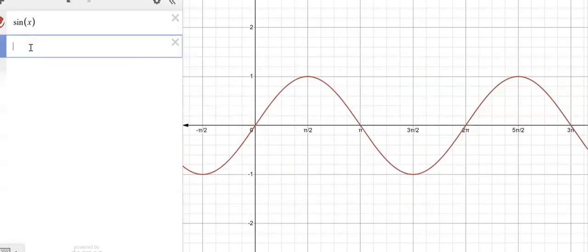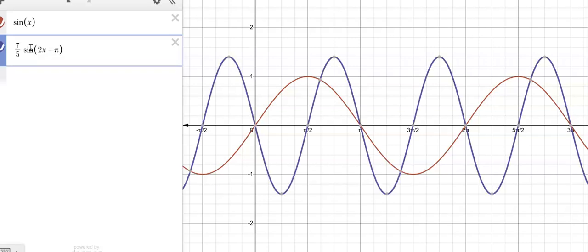So here we are with my original graph of sine of x, and if I plug in the graph I just drew on the other screen on the computer, you can see this is a much cleaner version of that. You can see that I've got my original period of 2 pi, but the new period is going to be half of that.